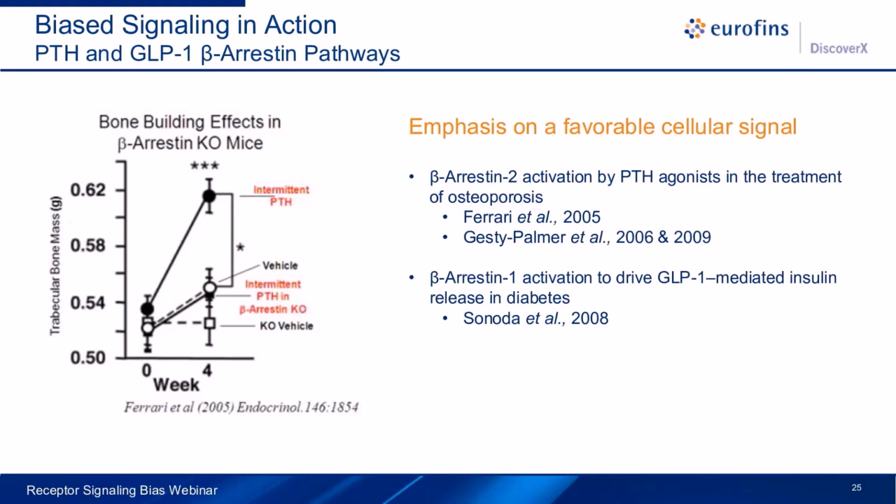For one thing, we can emphasize a signal that we want. For example, beta-arrestin could be an important signal from PTH for the treatment of osteoporosis. And so we might want to bias our compounds towards that signaling for that therapeutic output.